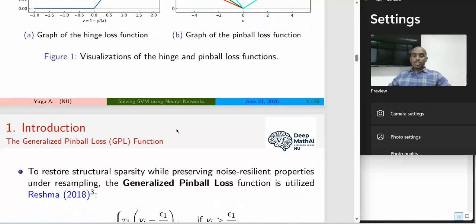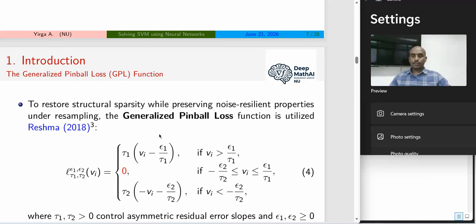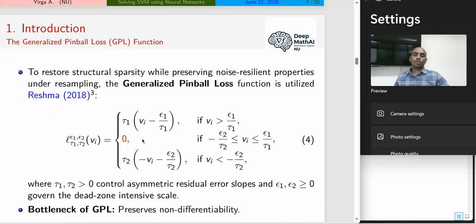So to resolve this problem of the pinball loss, Reshma introduced the generalized pinball loss. Reshma improved the pinball loss into a generalized pinball loss. He introduced some parameters, and in this case, we have an insensitive zone.